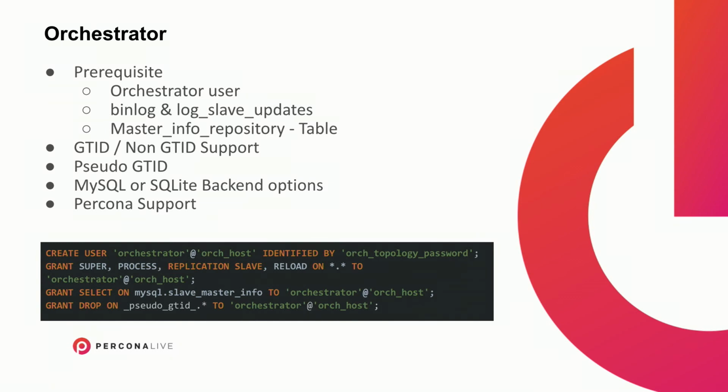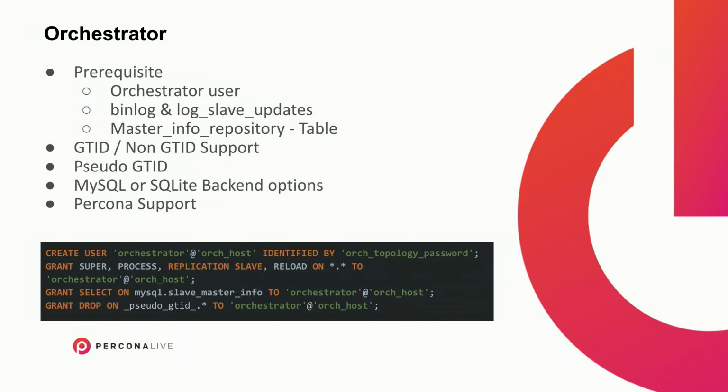With non-GTID replication, the movement of slaves will be a little complex, but even if you have non-GTID based replication, you can use pseudo GTID as well. Pseudo GTID is actually injecting an empty transaction. How does it inject the empty transaction?